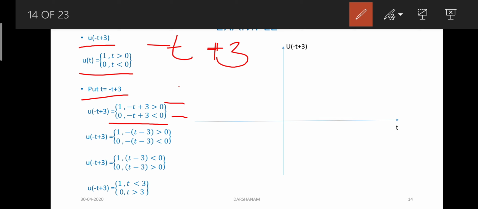Then taking the negative from minus t plus 3, it will become minus of t minus 3. So we can see that the equation will become u of minus t plus 3 is equal to 1 for t minus 3 less than 0.